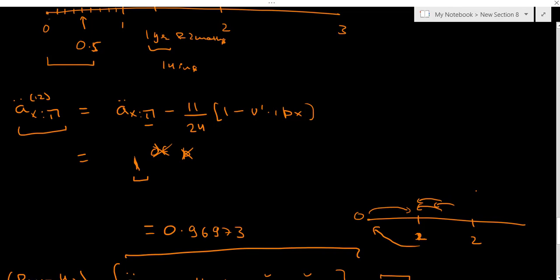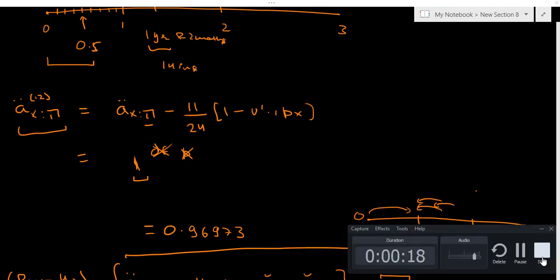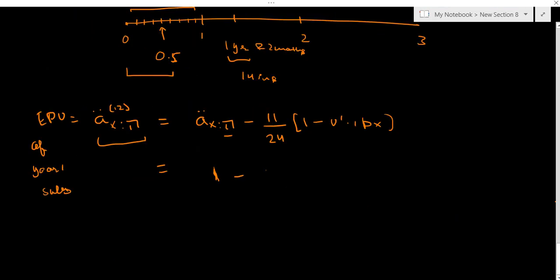This is a certain payment at time 0, and the EPV becomes 1. This becomes 11 upon 24, and this part becomes 1 minus v to the power of 1. What was the interest rate? It was 6%, so 1.06 to the power of minus 1.